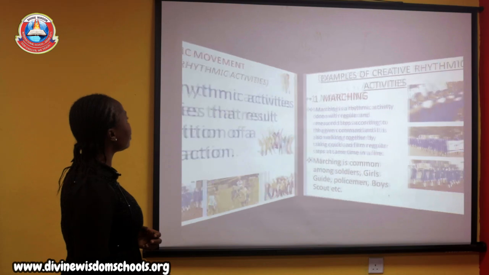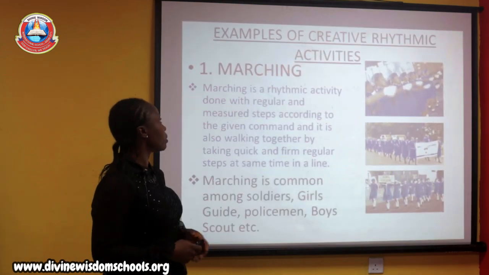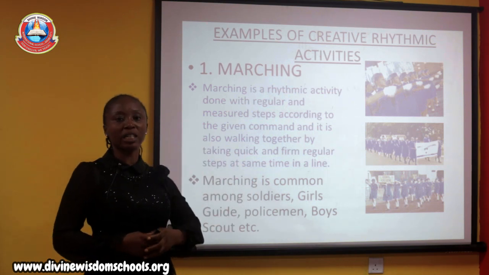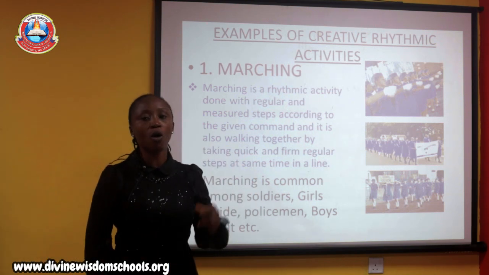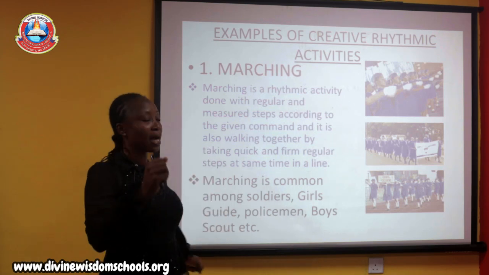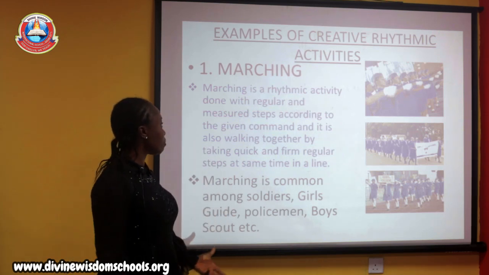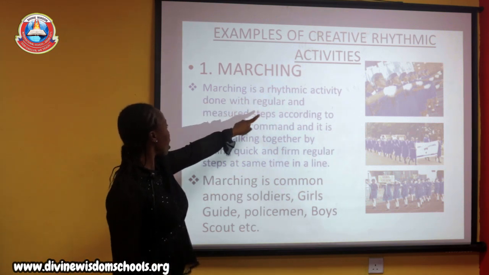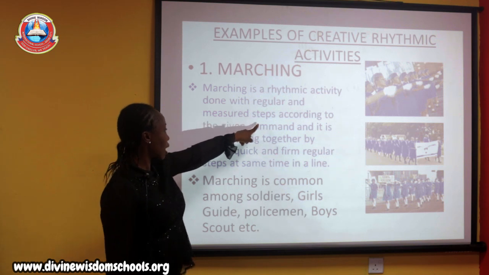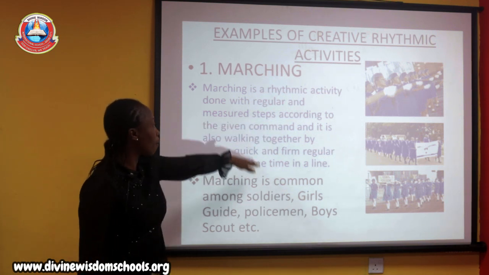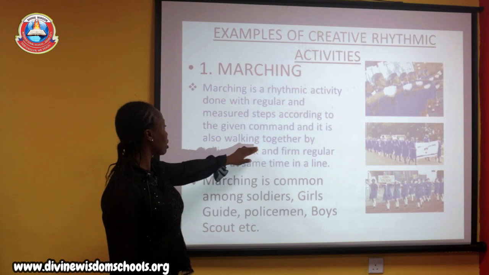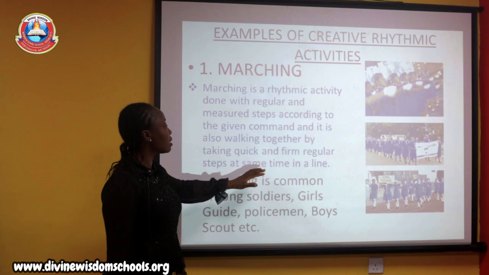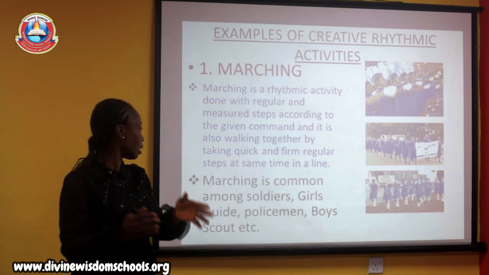Now, we have the examples of creative rhythmic activities. Number one example is marching. Marching is an activity that we perform over and over again, and that makes it a creative rhythmic activity. Marching is a rhythmic activity done with regular and measured steps according to a given command, and it is also working together by taking quick and firm regular steps at the same time in a line.